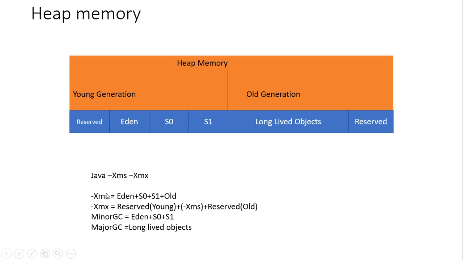Your initial heap memory is the space required for Eden, S0, S1, and long lived objects. The memory occupied by these four places is your initial heap memory, and your maximum heap memory adds the reserved spaces from both young and old. So this is how the heap memory works.